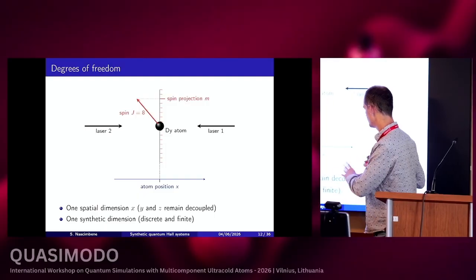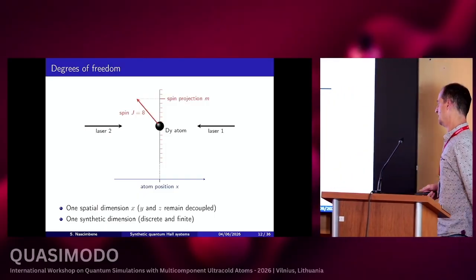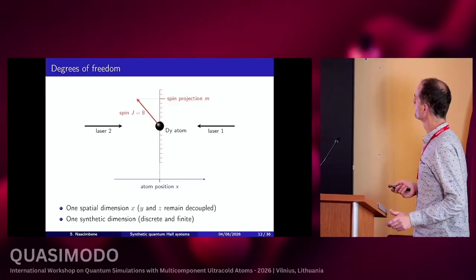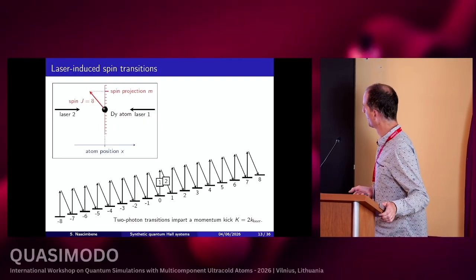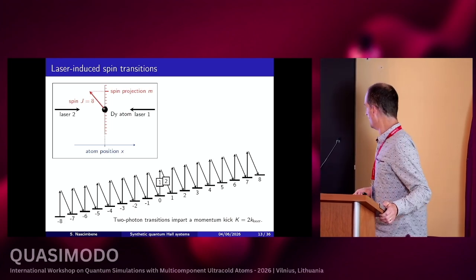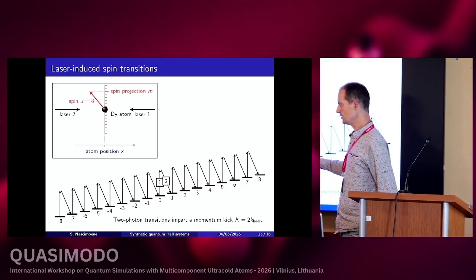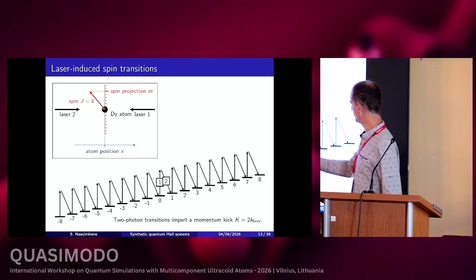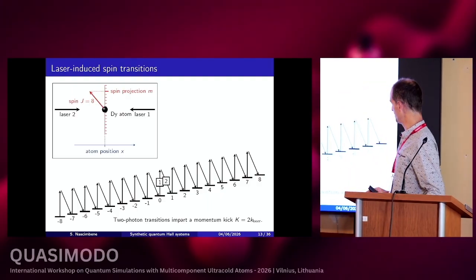And we will disregard completely the other 2 spatial directions because they are decoupled. So we will consider an effectively 2D system. And the occurrence of a magnetic field, as we will see, comes from the fact that we induce a dynamics between the successive magnetic sublevels via 2-photon Raman transitions.